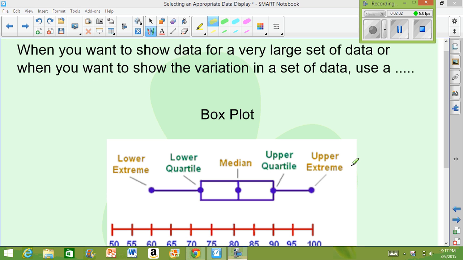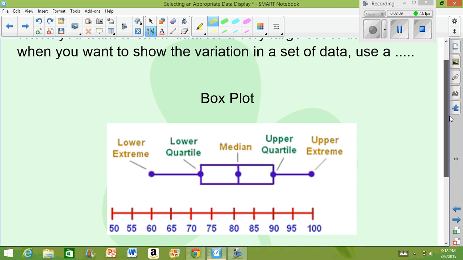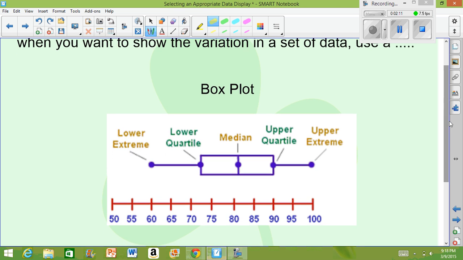And that display would be a box plot. We're going to use this box plot to show our large amounts of data and to show the variation. How much is it different from our lower to our higher pieces of data?